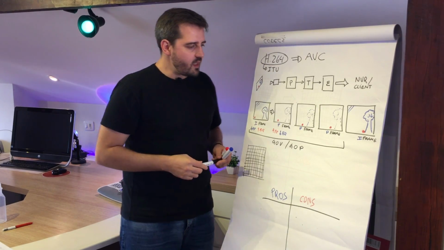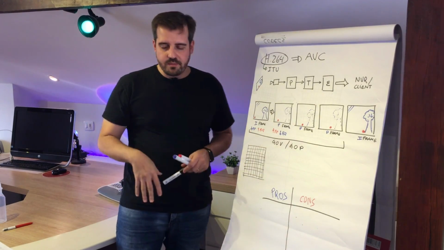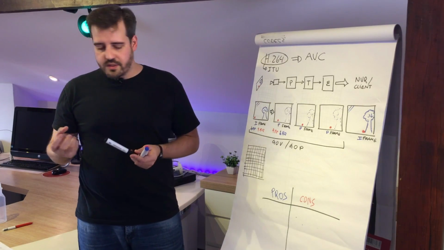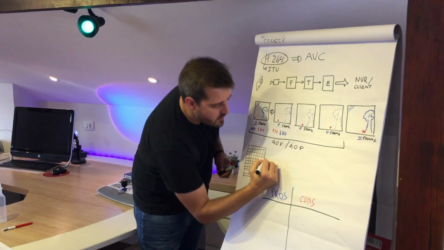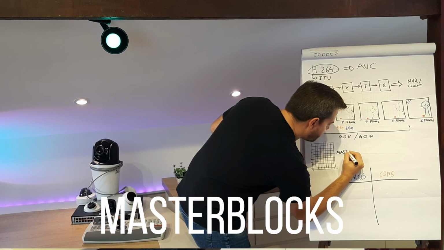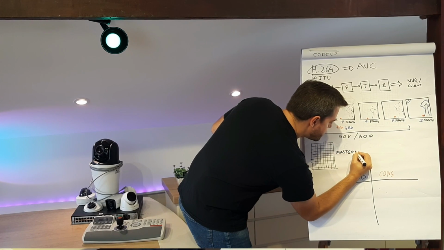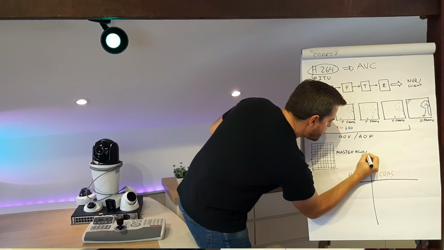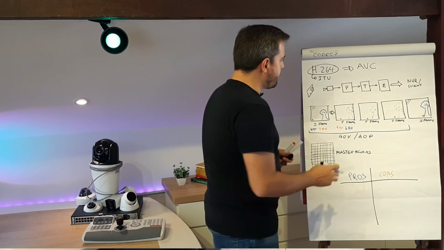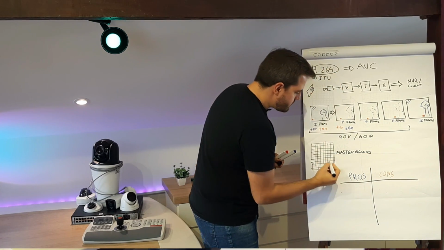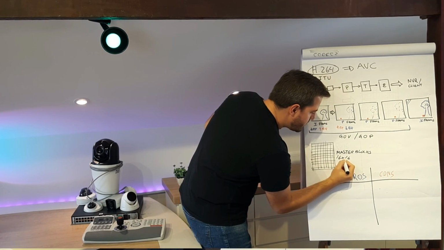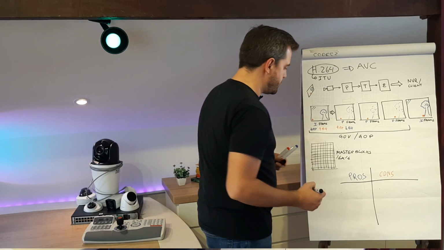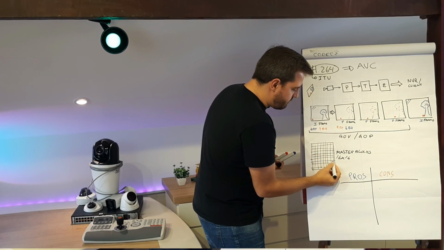Okay, and I will not go too deep on how it works, but basically we have something called macroblocks, which for H.264 are up to 16 by 16 pixels. Okay, it can be subdivided.